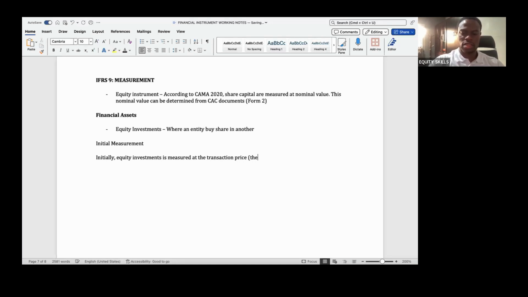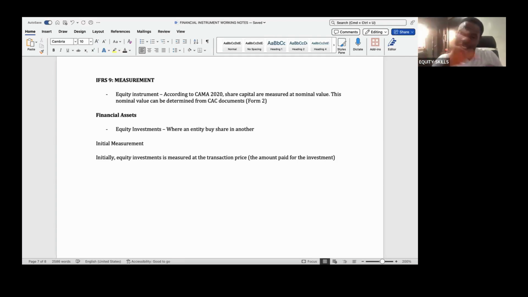That is the amount invested, the amount paid for the investment. That's the transaction price. How much did you pay? The amount you pay for that investment is the transaction price, and that is how you measure shares when you acquire them.